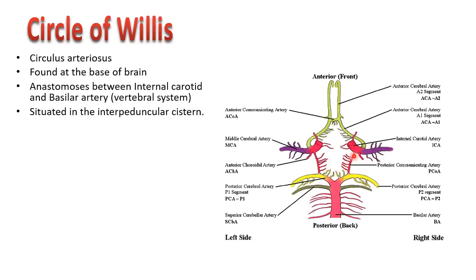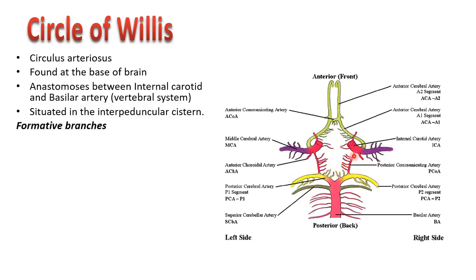Between the two cerebral peduncles you have the interpeduncular cistern, one of the large subarachnoid spaces, and in that the circle of Willis, at the base of the brain, is bathed.